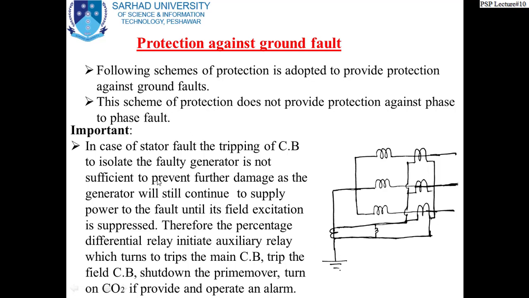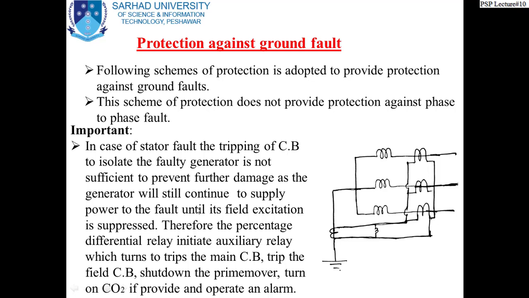Now, a very important point here is to see that in case of a stator fault, the tripping of the circuit breaker to isolate the faulty generator is not sufficient to prevent further damage, as the generator will still continue to supply power to the fault until its field excitation is suppressed.